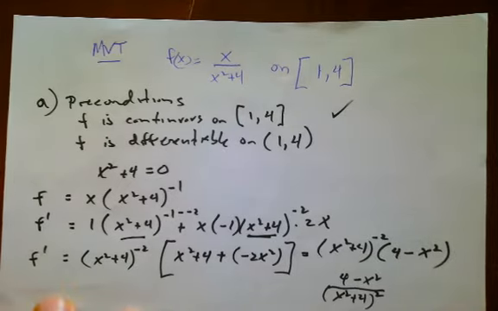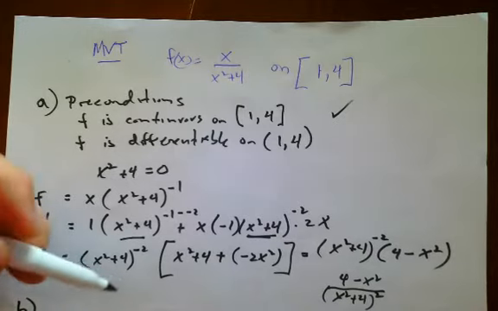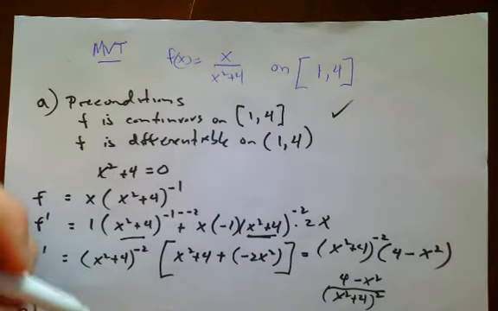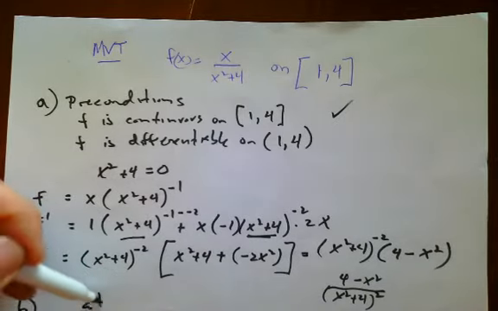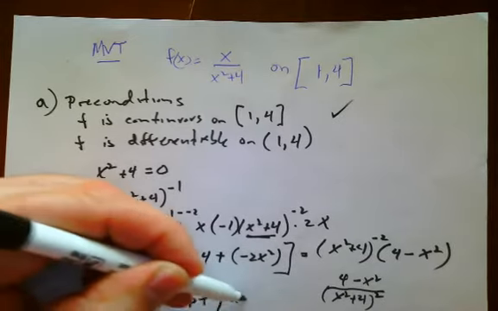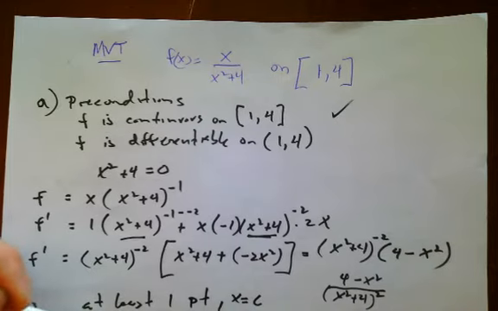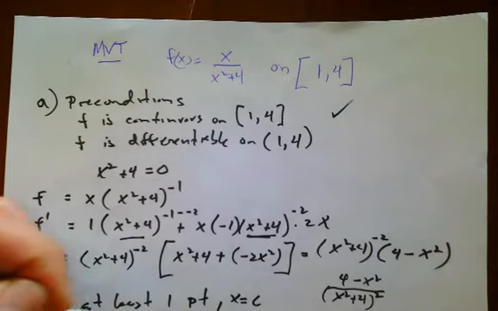Well, if I rewrite this as x squared plus 4 squared in the denominator and 4 minus x squared up top, this parabola exists everywhere, and we said x squared plus 4 is going to exist everywhere. So this derivative is definitely differentiable on 1 to 4. So we're good to go.